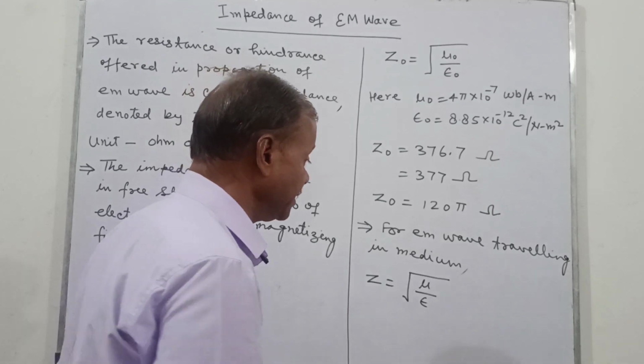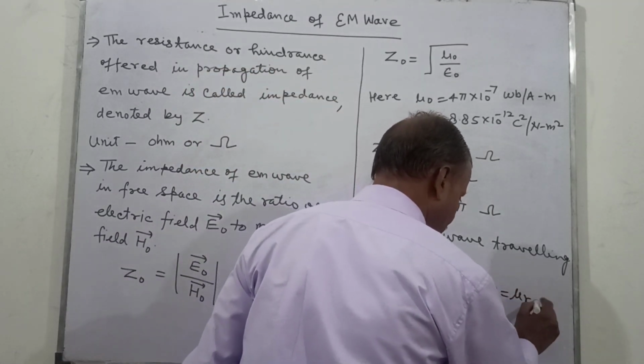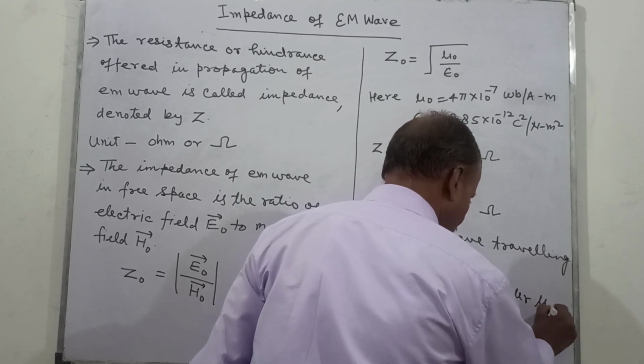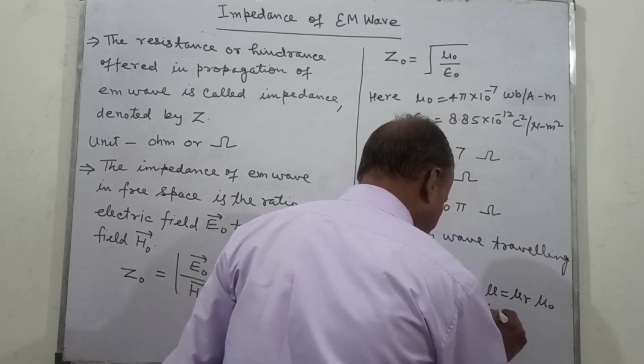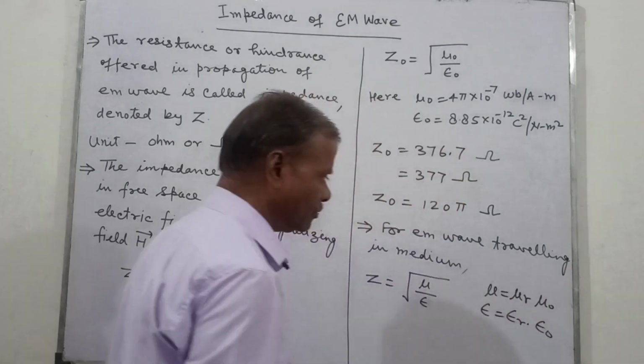So mu is equal to mu r into mu naught, and epsilon is equal to epsilon r into epsilon naught.